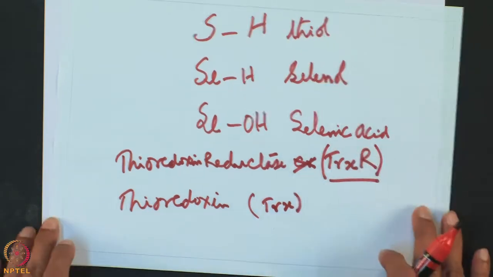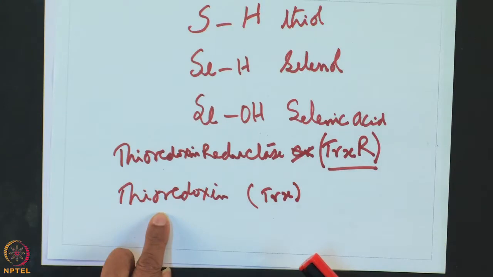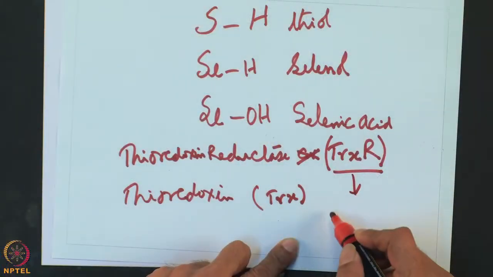The TrxR, thioredoxin reductase, will reduce the disulfide bond present in the thioredoxin, and that will be coupled to the protein, and the protein disulfide in turn is broken. And therefore, this TrxR has one of the cysteine and one is the selenium disulfide.